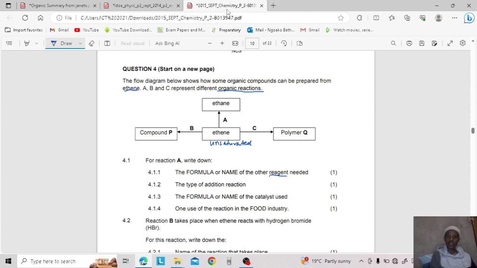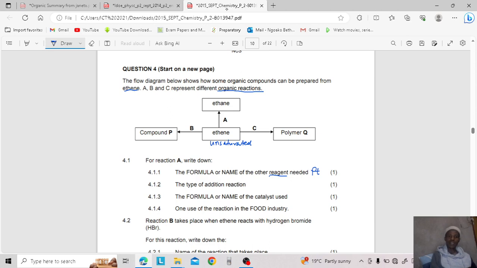So here this is a simple addition from alkene to alkane. So we break a double bond into a single bond. So we'll simply need Pt, which is the formula of the reagent needed, which is a catalyst there.